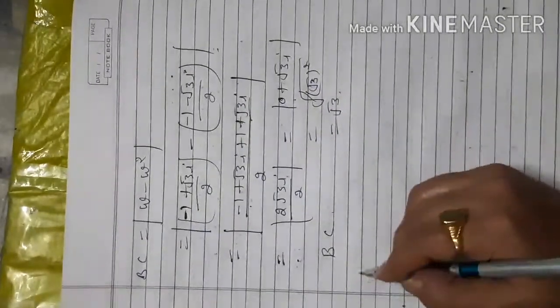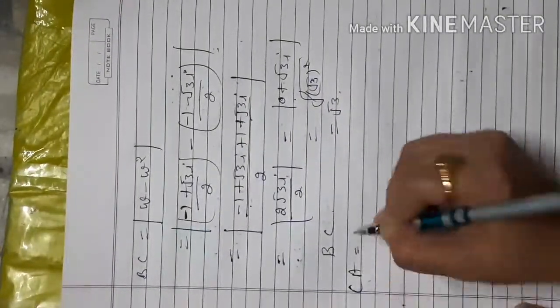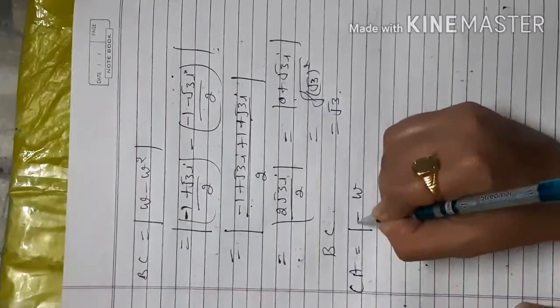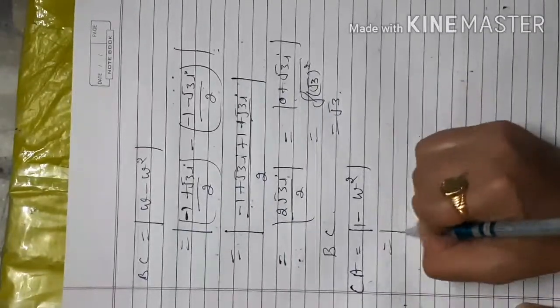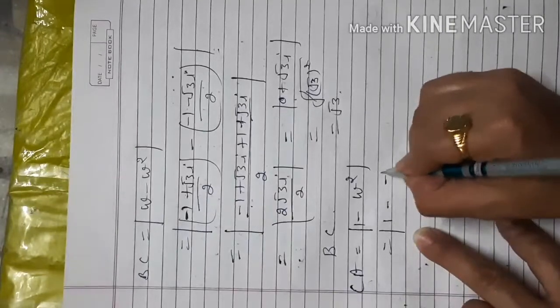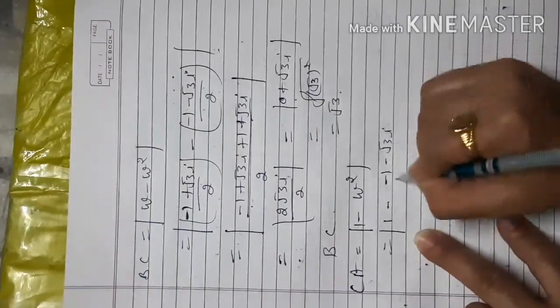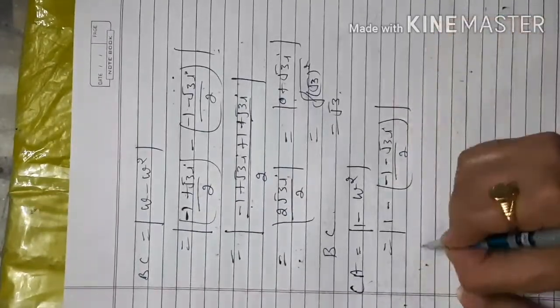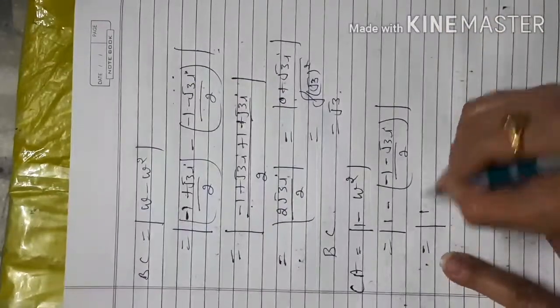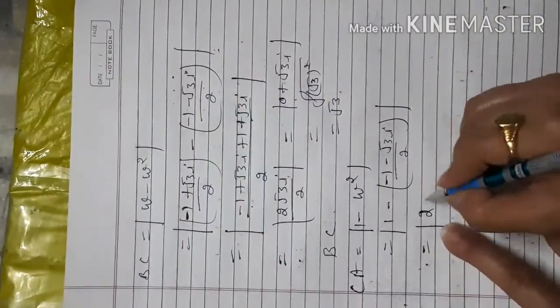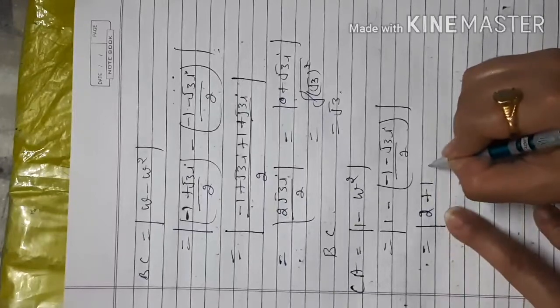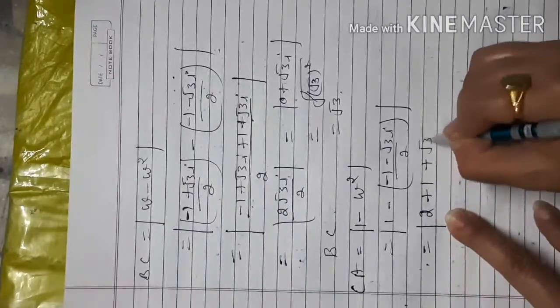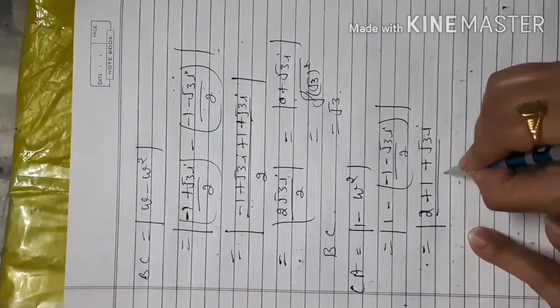Only the last one is left, CA. Now I go with CA, that is 1 minus omega square. My omega square value is -1 minus root 3i by 2. So this is 1, I will take the LCM: 2 plus 1, then plus root 3i by 2.